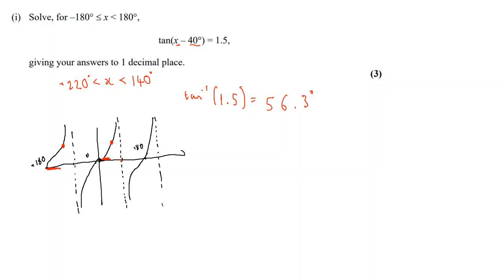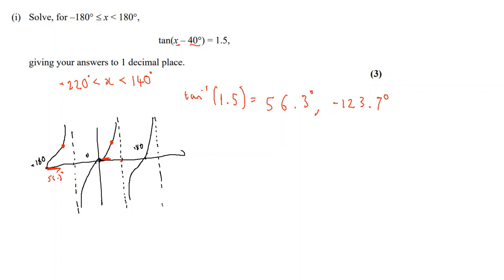So from here to here will be like 56.3 degrees along. So I would do minus 180 plus 56.3, which is minus 123.7. Any other values? We're only looking in the range minus 220 to 140. So that should be it for our range.